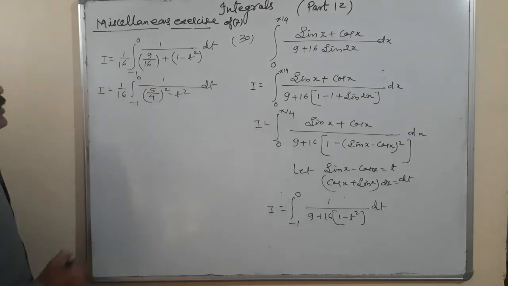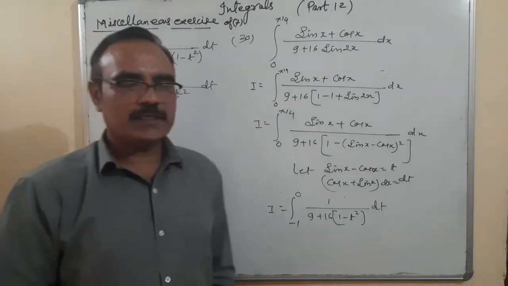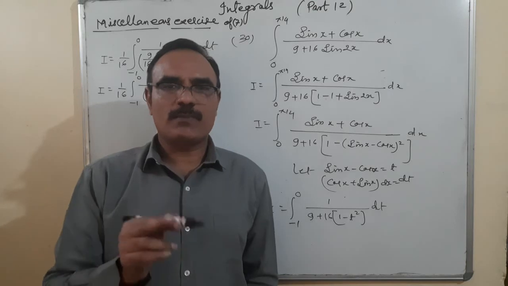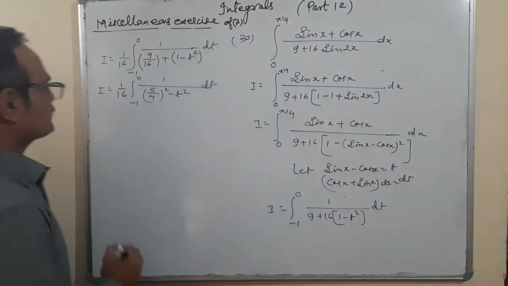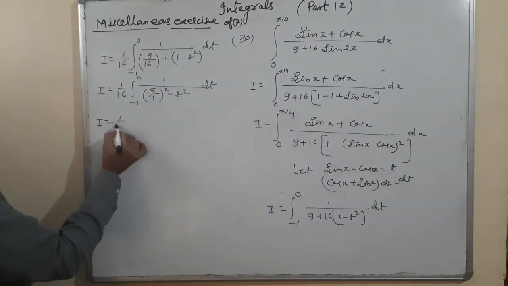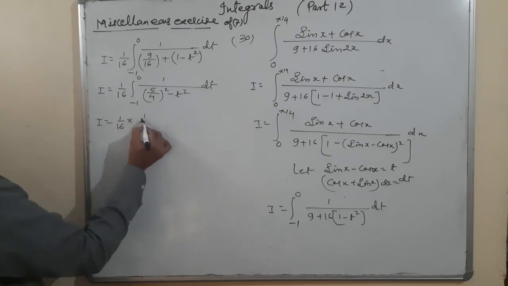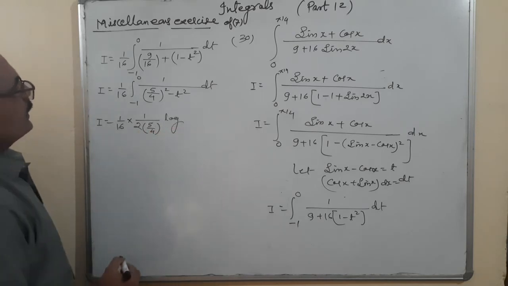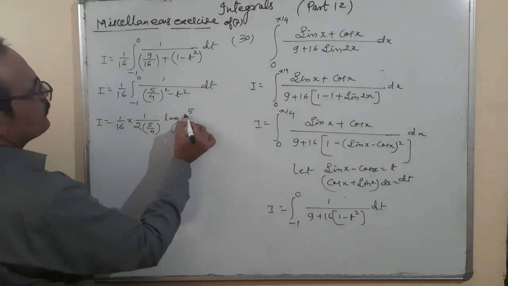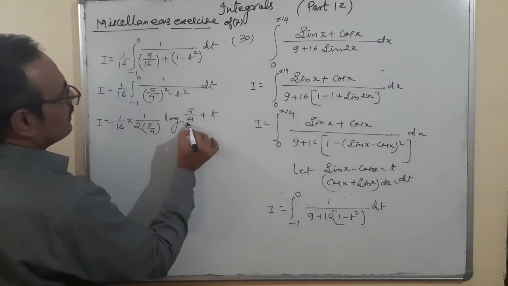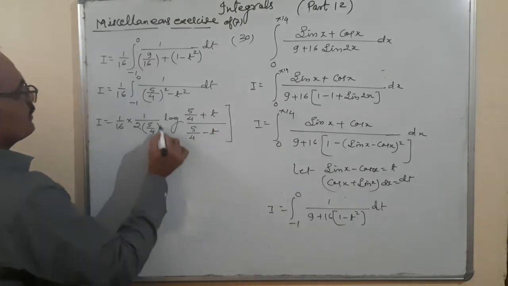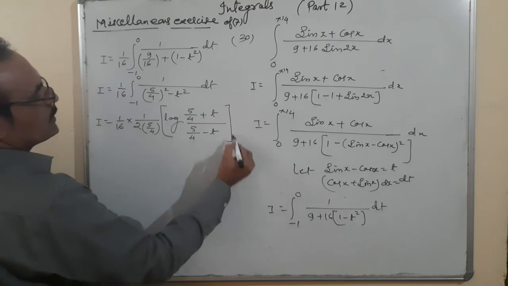Is that okay? The integration of 1 upon a square minus x square is 1 upon 2a log (a plus x) upon (a minus x). I is equal to 1 upon 16 times 1 upon 2a log (5 upon 4 plus t) upon (5 upon 4 minus t), from minus 1 to 0.